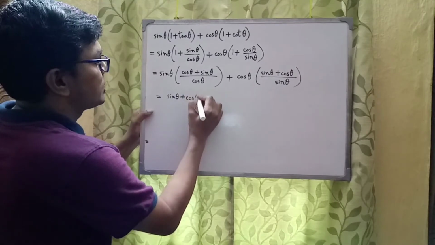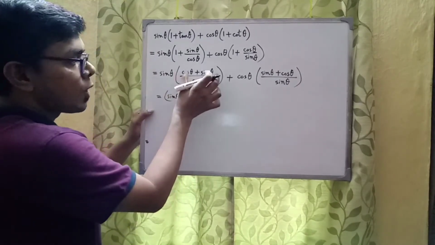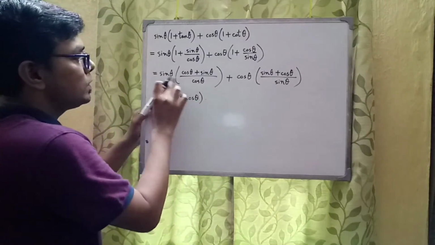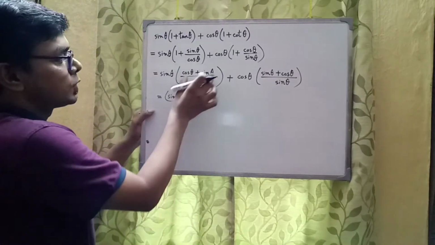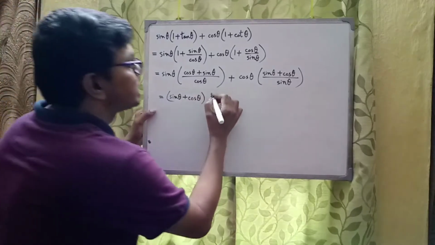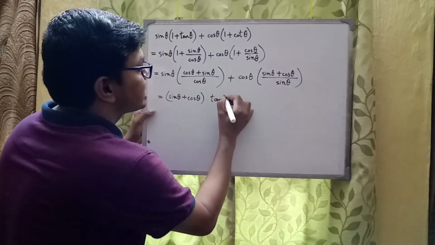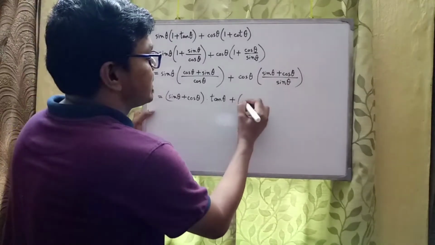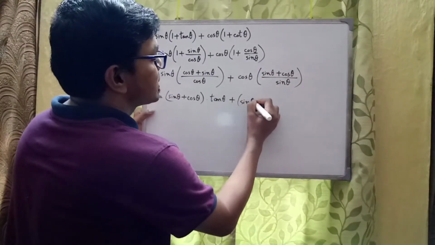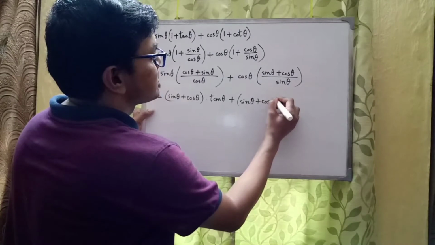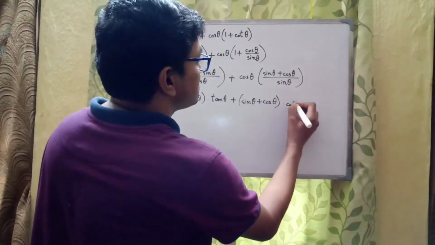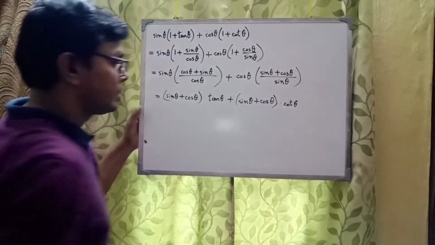Here we are left with sine theta plus cos theta, taken out as a common factor from the first term, into sine theta by cos theta, that is tan theta. Plus the same thing we do here, sine theta plus cos theta taken out as a common factor, we are left with cos theta by sine theta, which is equal to cot theta.